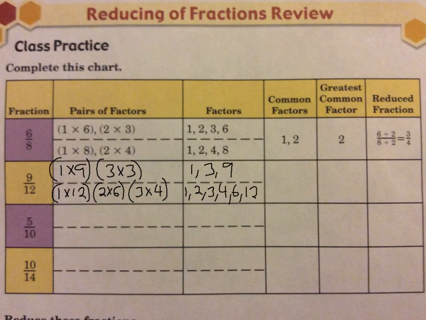Our common factors that we see in both the top and the bottom would be 1 and 3. Our greatest common factor is going to be 3. That's the highest number out of 1 and 3. And now we take our original fraction that we started with on that end right there, and we rewrite it here, and we divide it by our GCF, our 3.